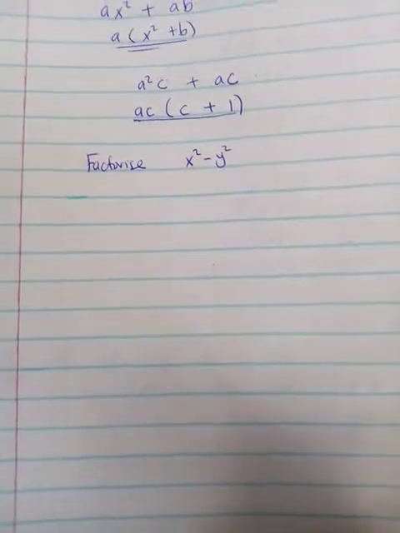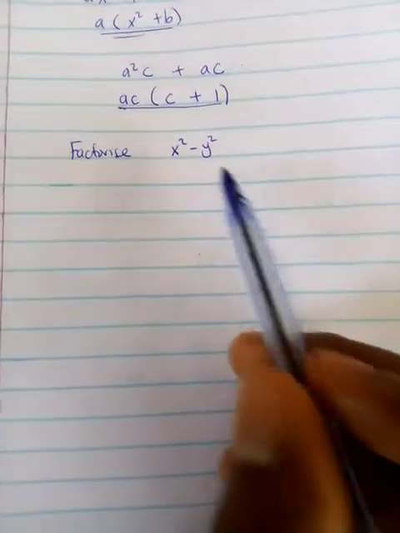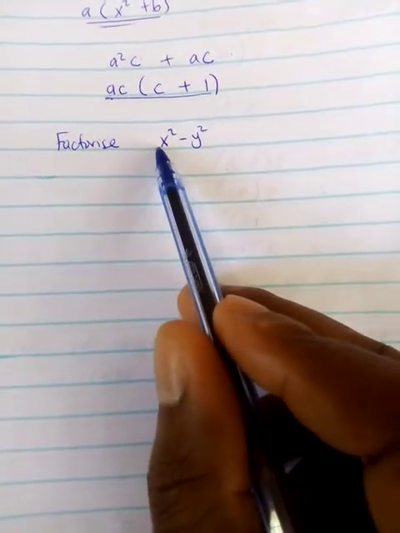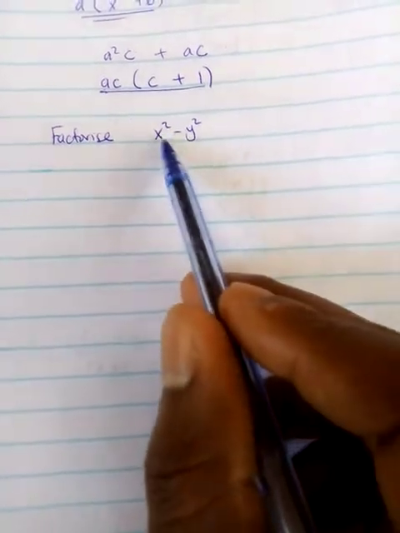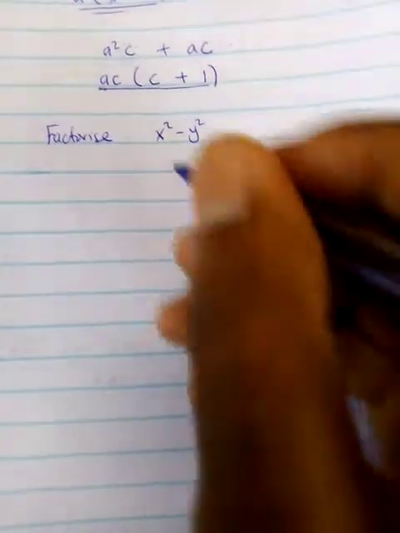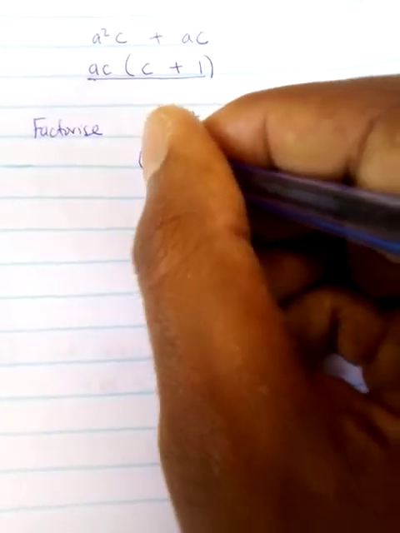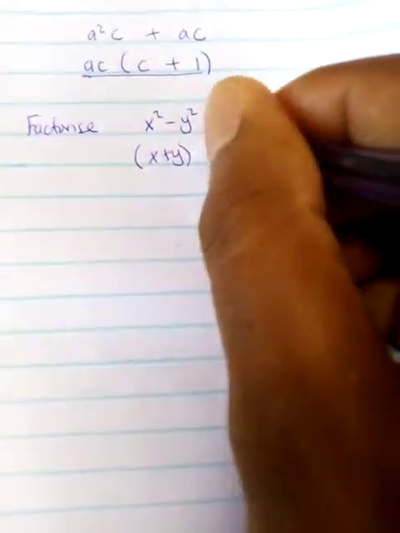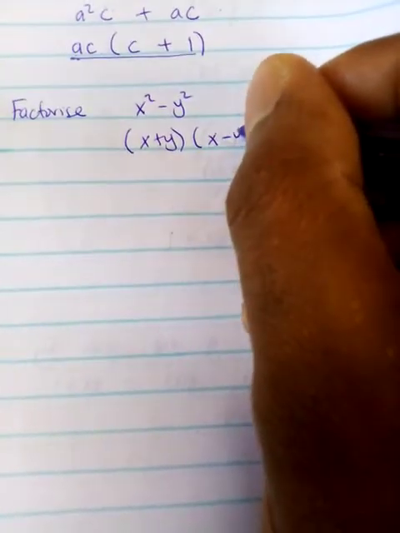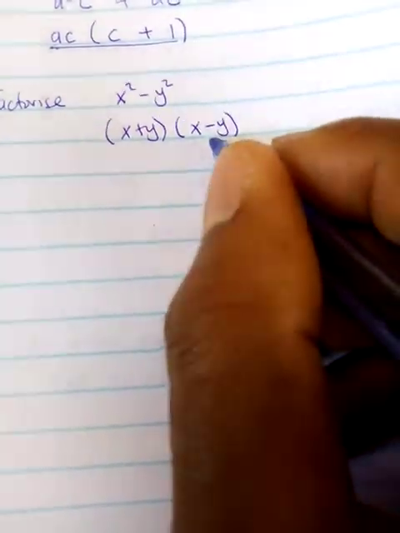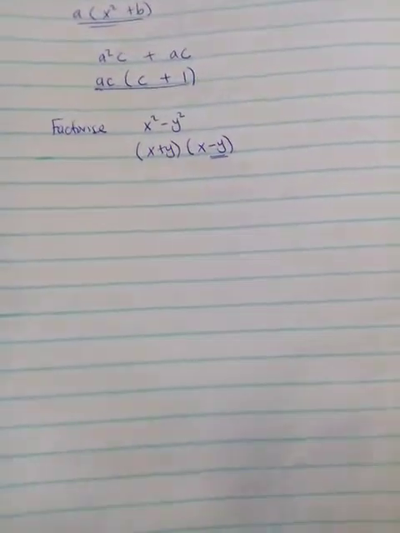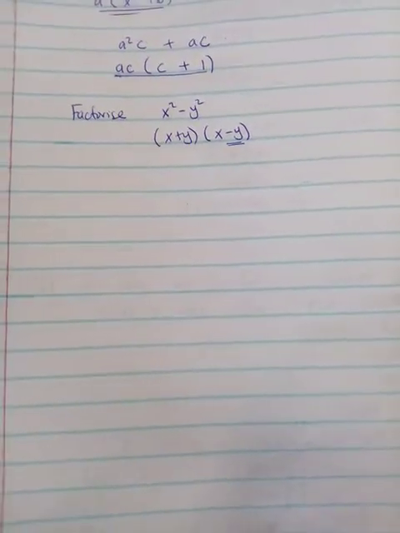It says you add the two components multiplied by the subtraction of the two components. In other words, I'm going to have x plus y into open brackets x minus y as my difference of two squares.